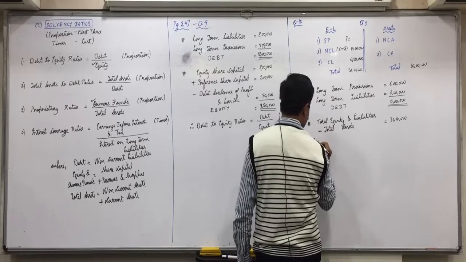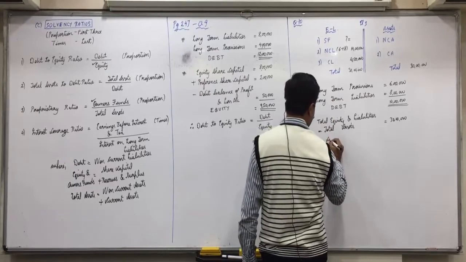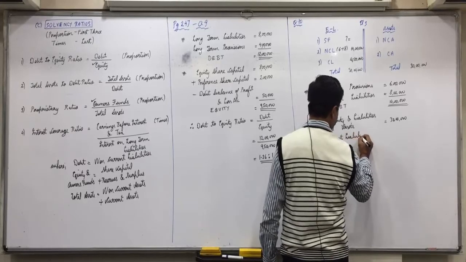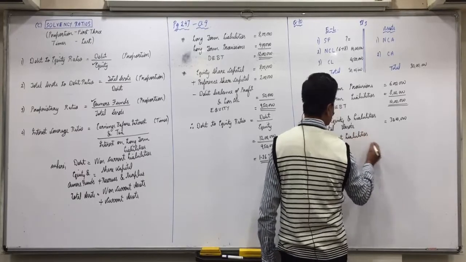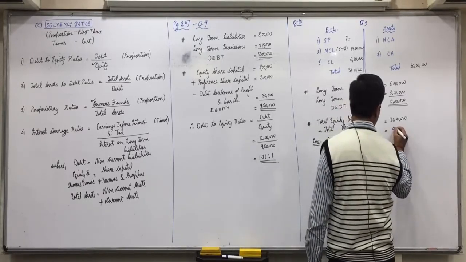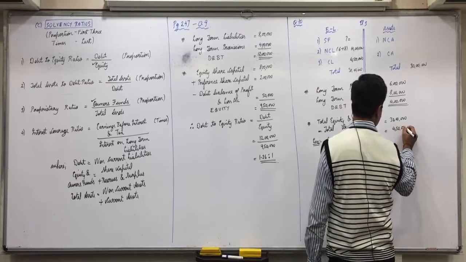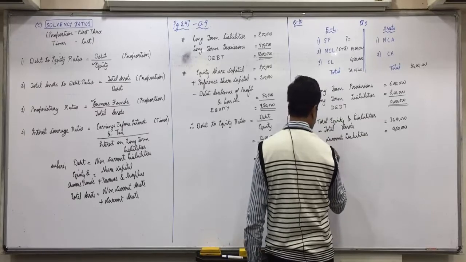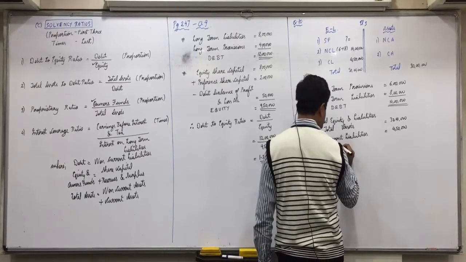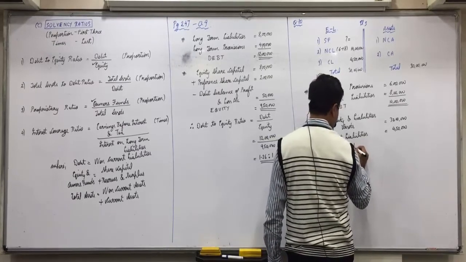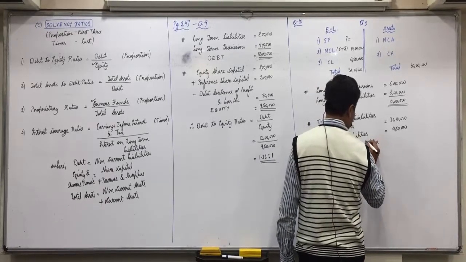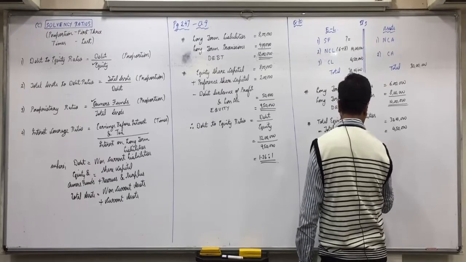So minus current liabilities, that is 4,50,000, minus non-current liabilities, that is debt of 14 lakhs.